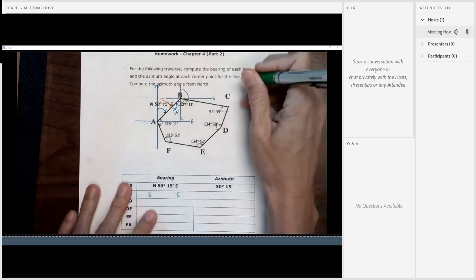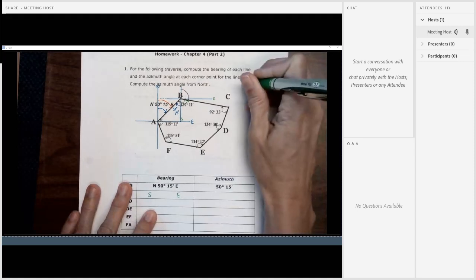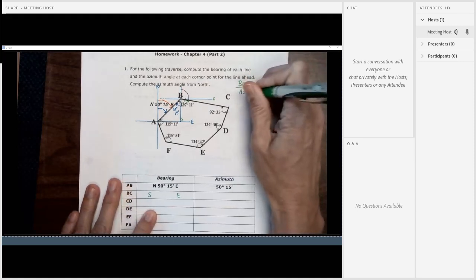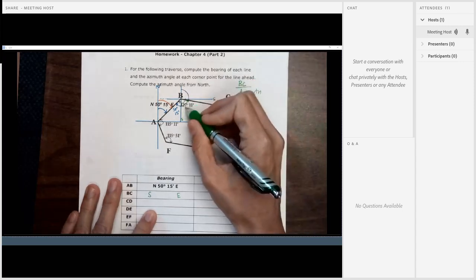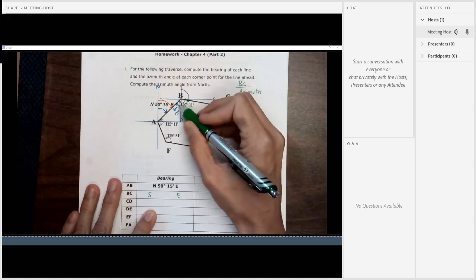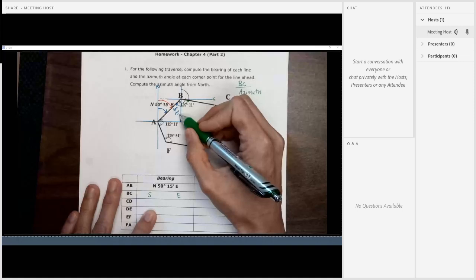So I'll put this over to the side here. I'm on this line BC. I'll start with the azimuth there just because I can see it right there. It's part of this 127 degrees, 11 minutes, and the other part is this 50 degrees, 15 minutes. So I'll just do that subtraction there to figure out what that azimuth is.